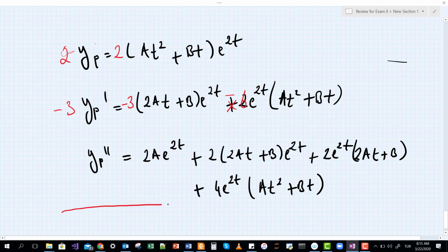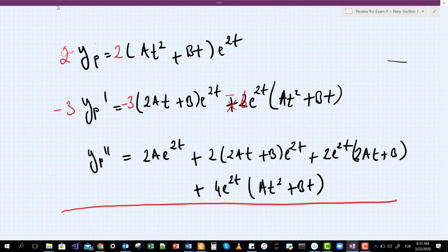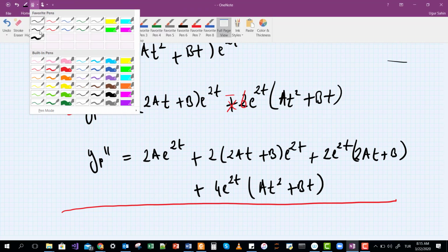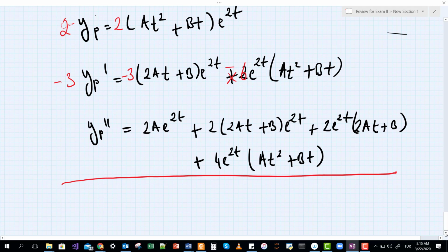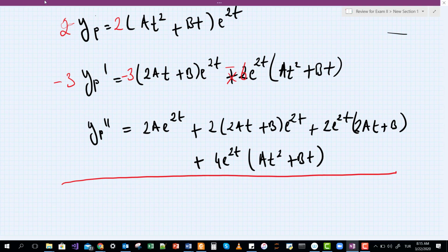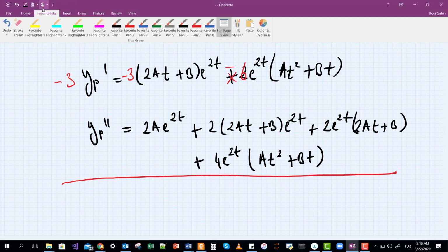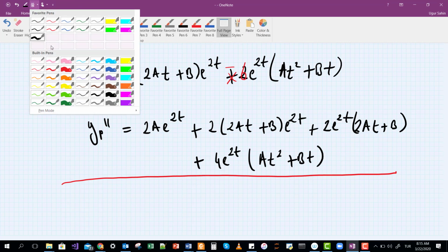Then I'm going to add all these terms. Let's see if I can manage to add all these in this restricted area, since it's not going to be easy to remember all the terms. That's why we need to be careful.